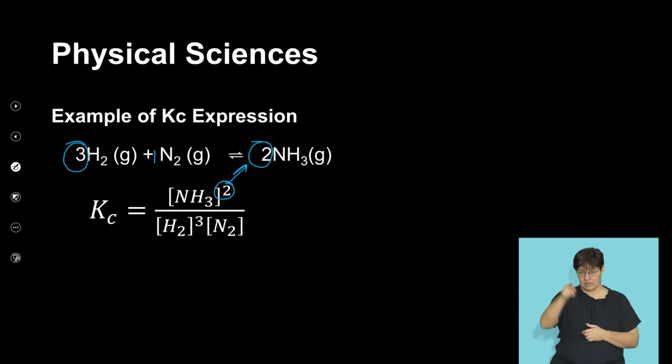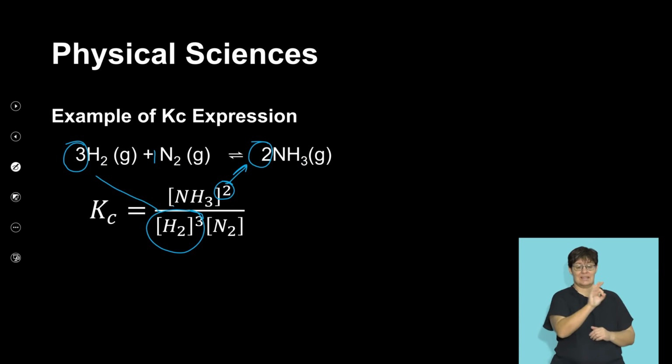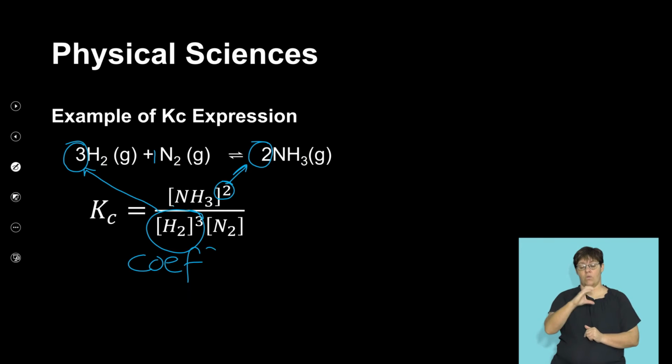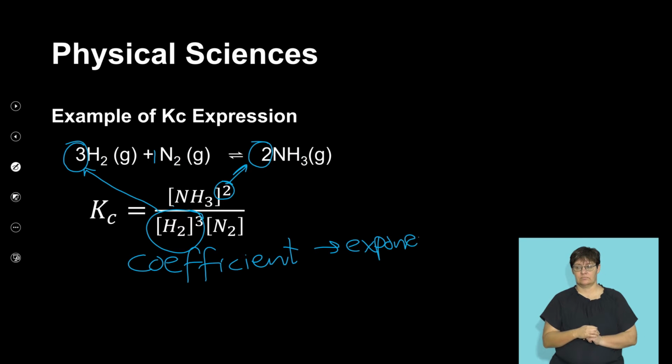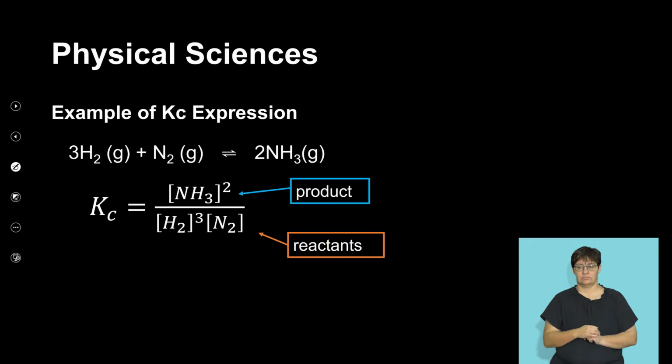That comes from the coefficient. For hydrogen, it's to the power 3, or to the exponent 3. So your coefficient becomes your exponent. As I said, remember this is a ratio, there are no units. We have the product concentration over the reactant concentration.